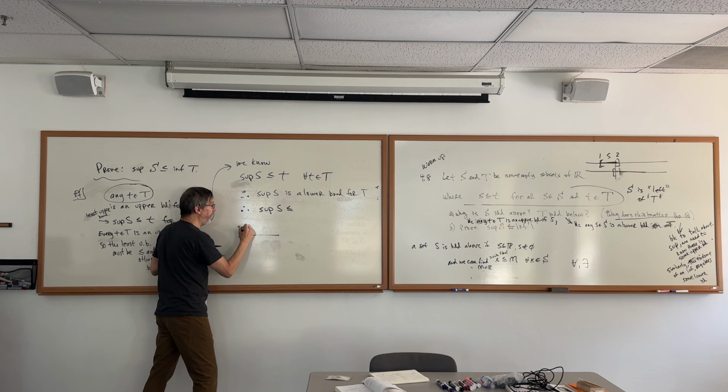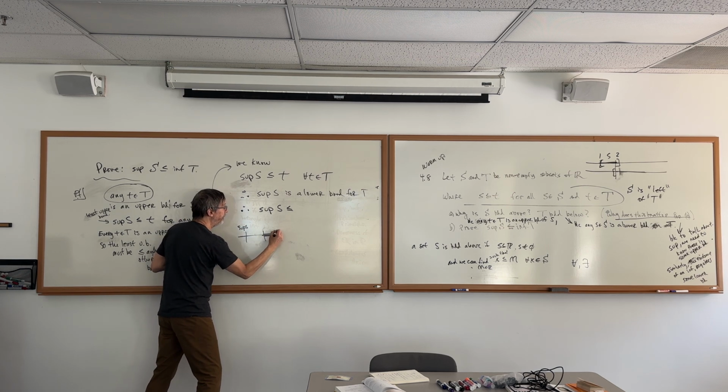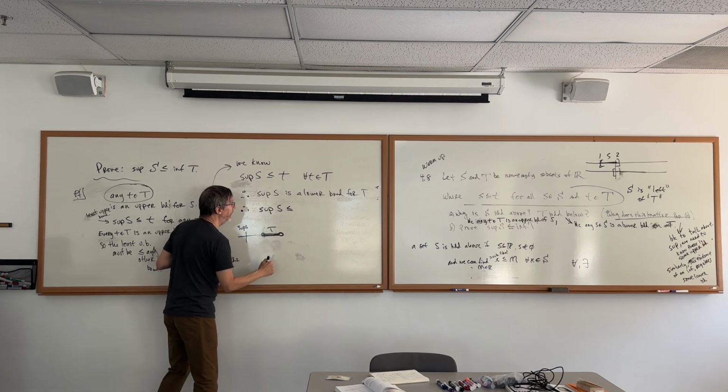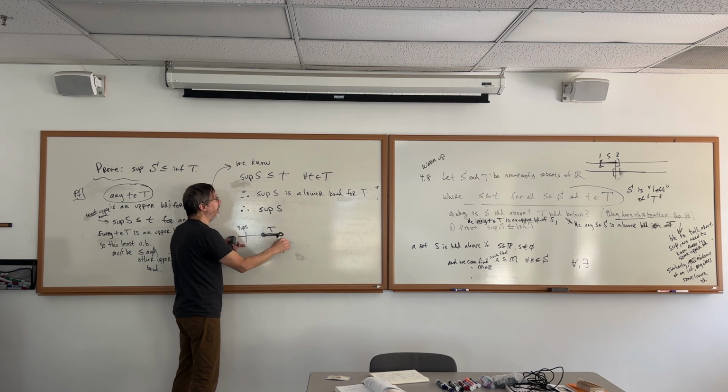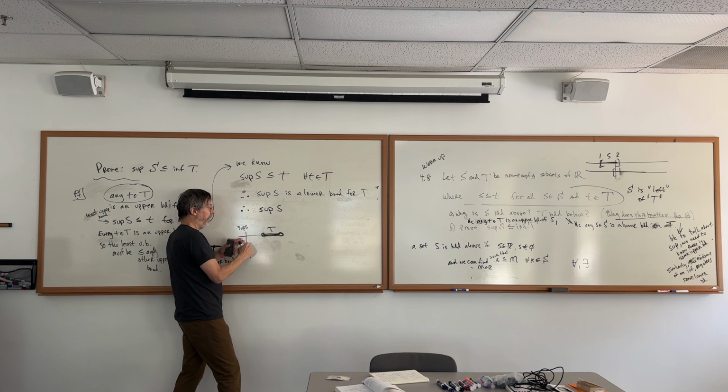So here's sup S, here's T over here. Since this is a lower bound, what is true about any other lower bound if the inf is over here?